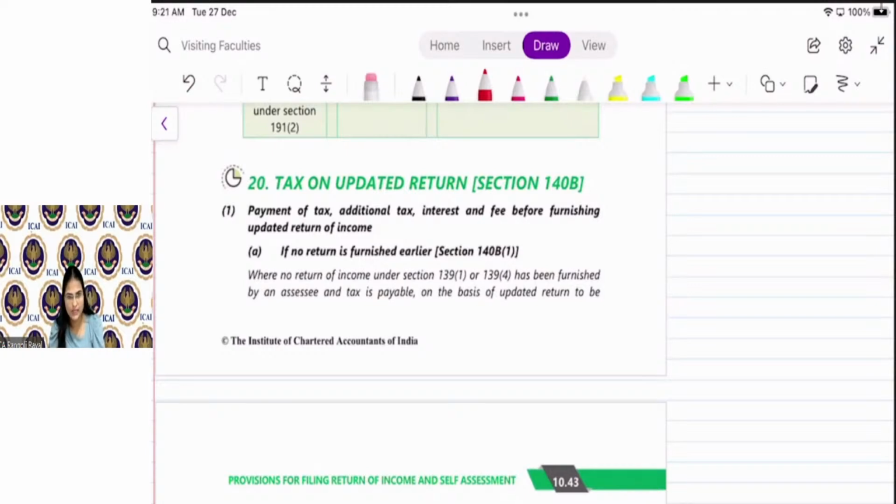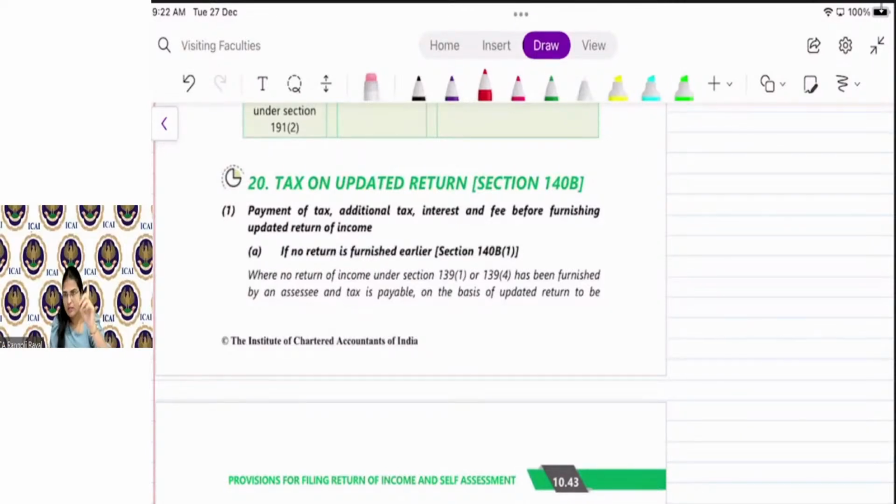Yes or no? Yes. So in that case, if the original return is not filed, belated return is not filed, and you are directly filing the updated return, because the due date for filing original return, belated return has lapsed.